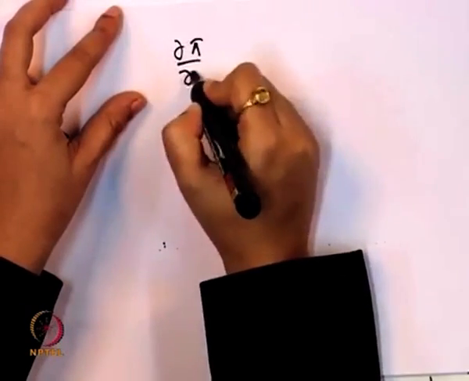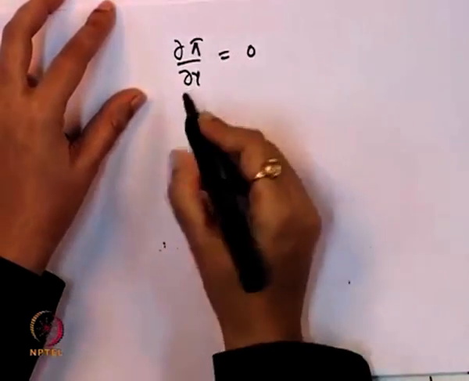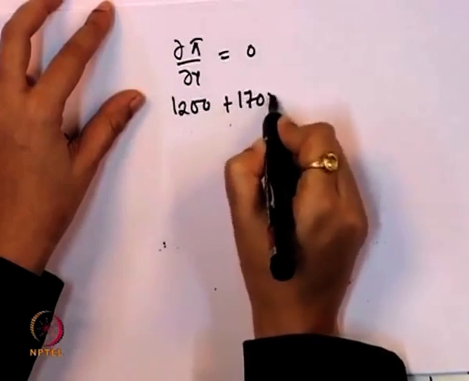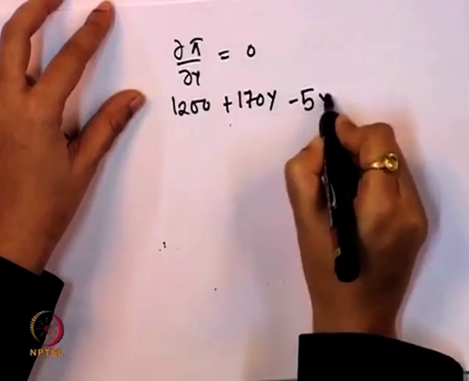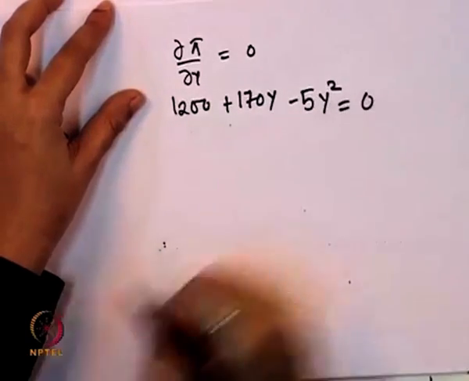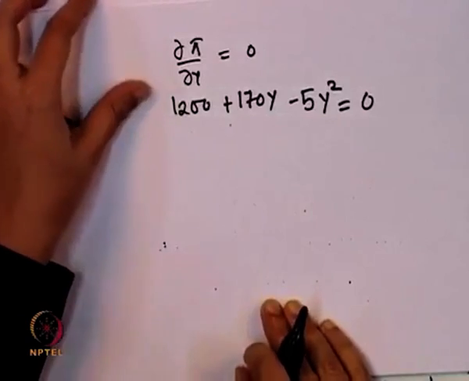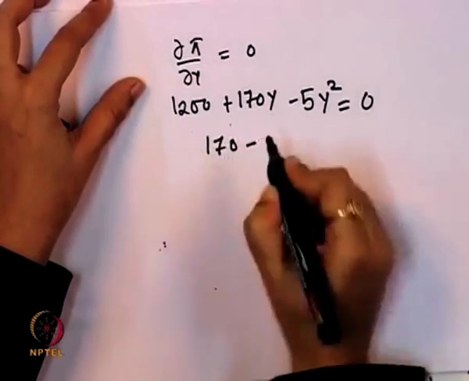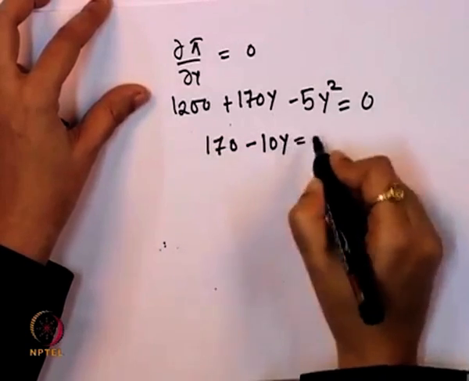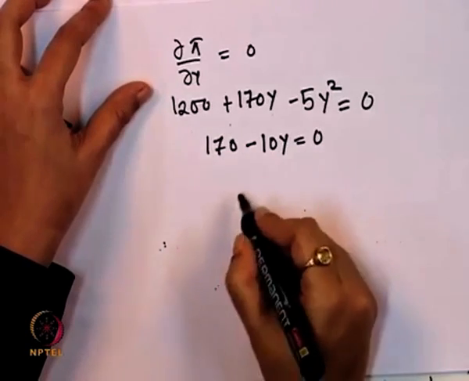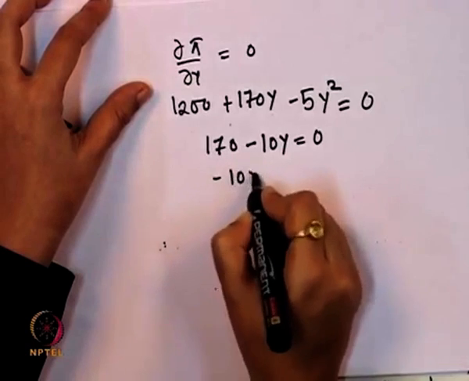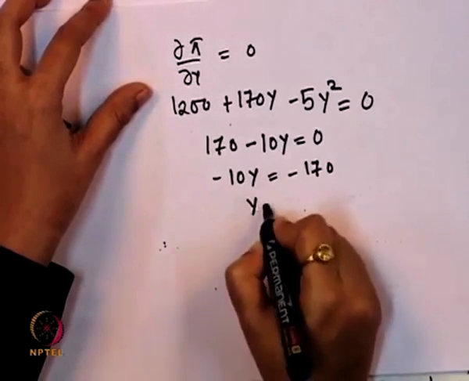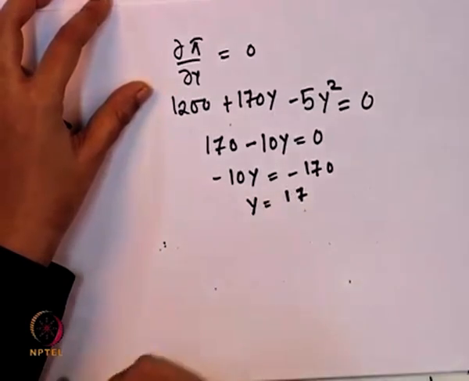So del pi by del y is equal to 0, which is 1200 plus 170y minus 5y squared, equal to 0. Now solving this gives 170 minus 10y equal to 0, or minus 10y is equal to minus 170, and y is equal to 17.